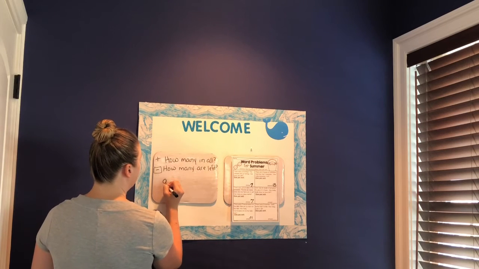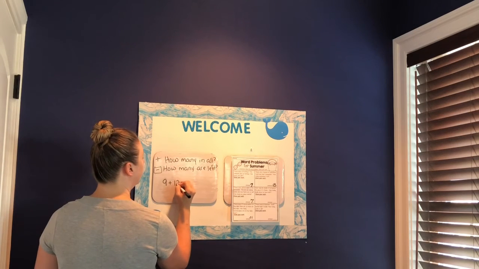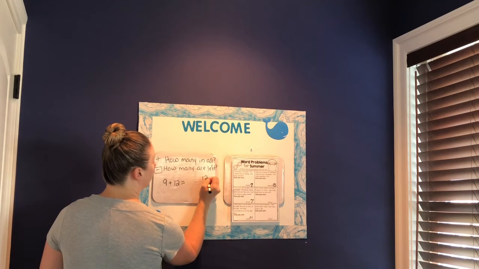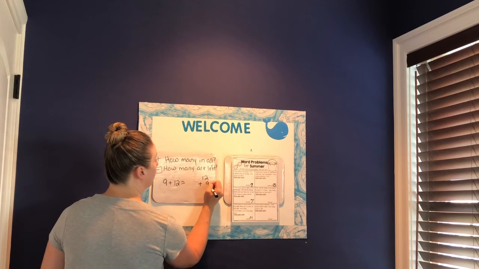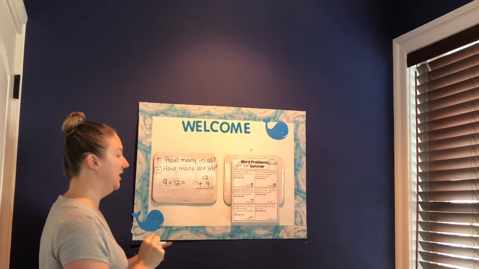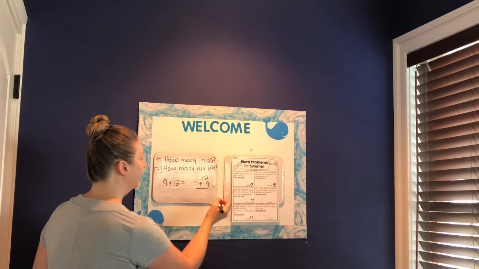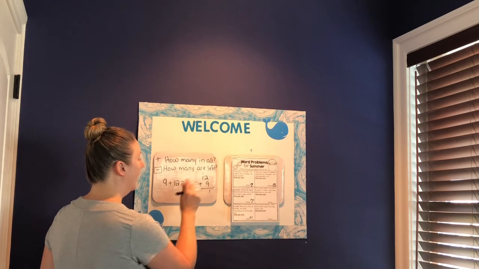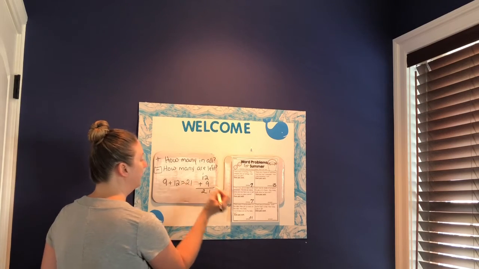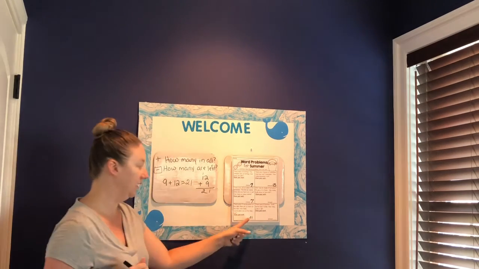We have 9 plus 12 equals. You can leave it like this. You can also make it look like it does with your double digits. We know that 2 plus 9 is 11. And 1 plus 1 is 2. 9 plus 12 is going to give us 21.